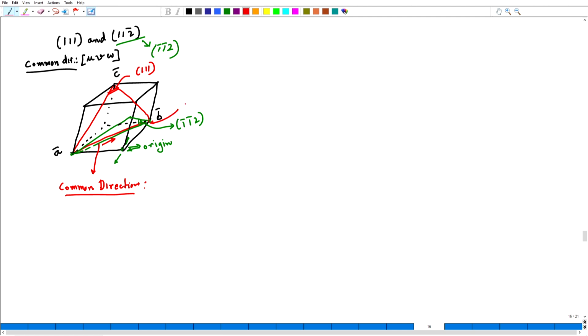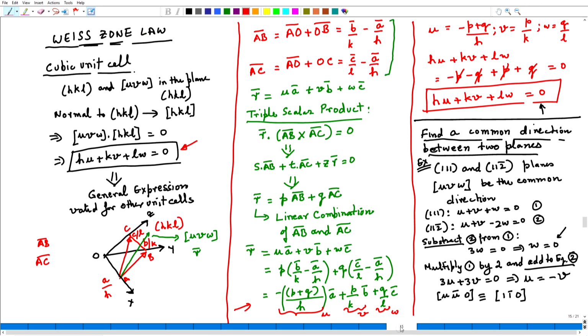So, if I make this the origin now, then it is 1 along A, minus 1 along B and 0 along C, and hence the common direction is 1 bar 1 0, the same result that we had got earlier.